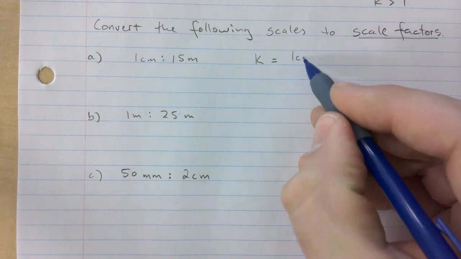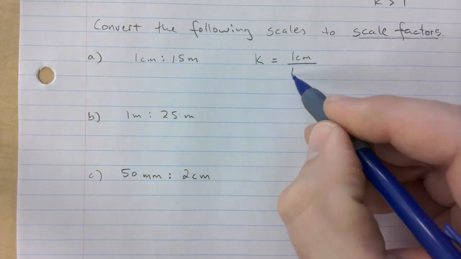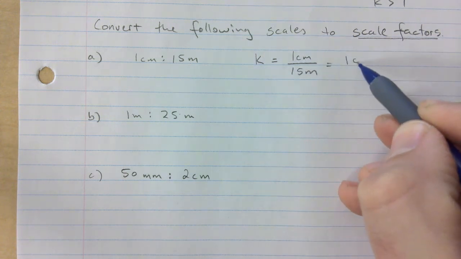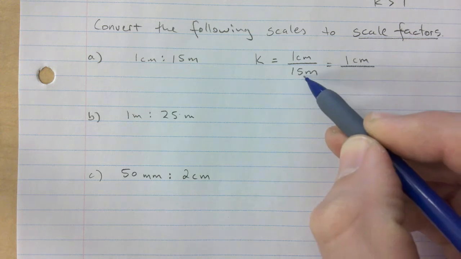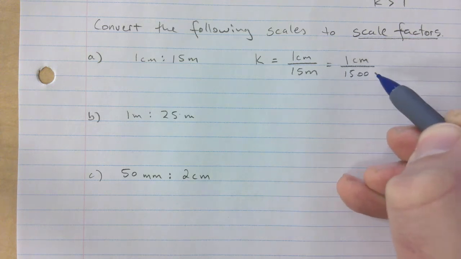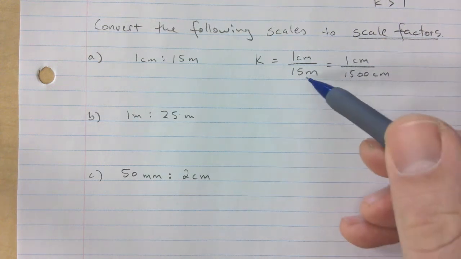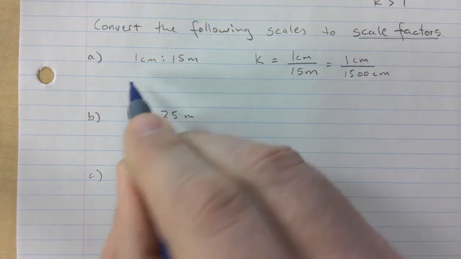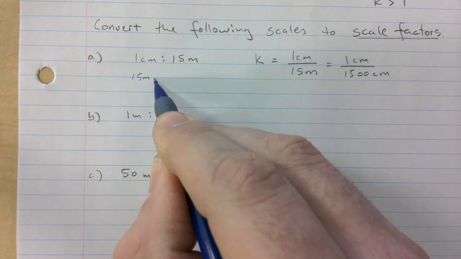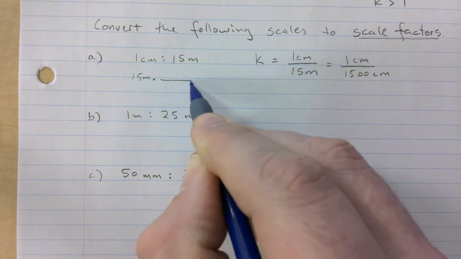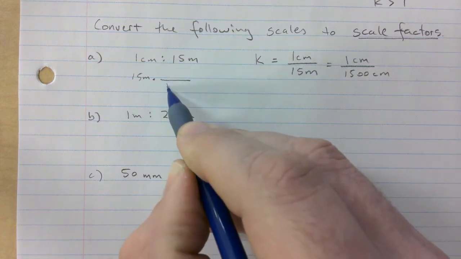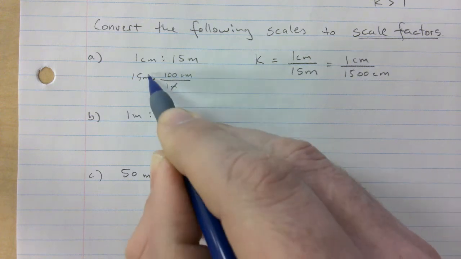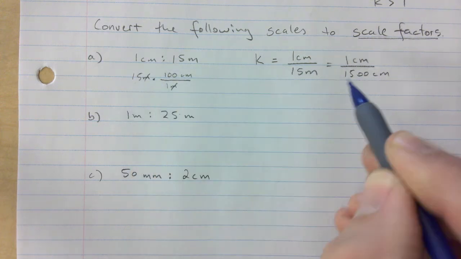So we'll go 1 centimeter over 15 meters. Units are different. So you say, hey, that's the same thing as 1500 centimeters, right? Just on a side, let's do a side here. 15 meters, multiply, right? You know that 1 meter has 100 centimeters. You cancel out the meters, right? It's 15 times 100.